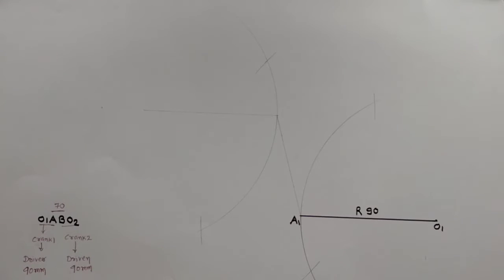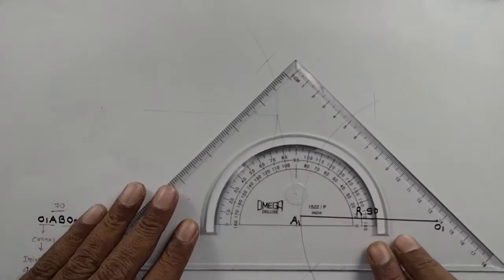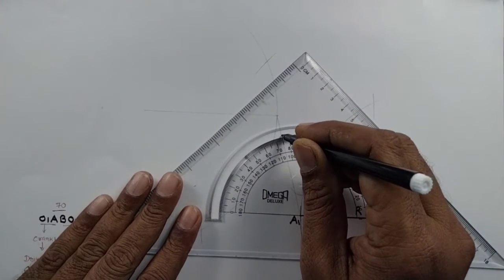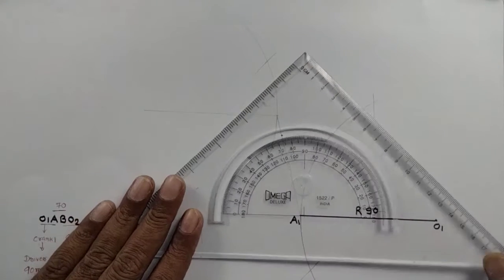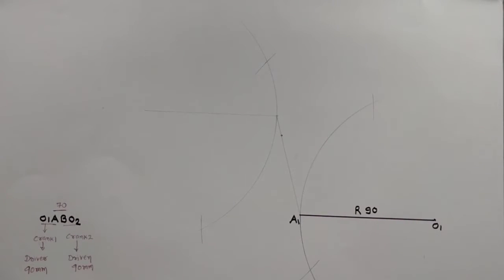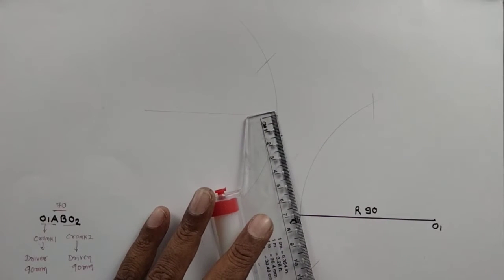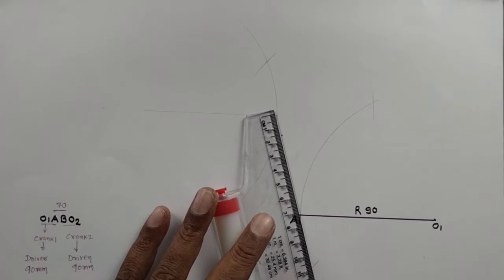At the O1A we take the 105-degree angle and we show the position of connecting link AB.